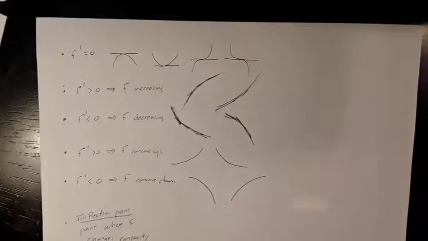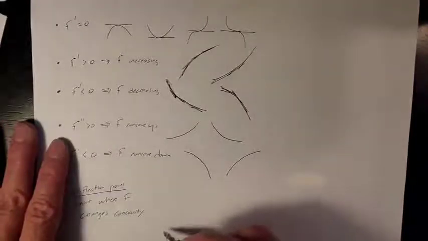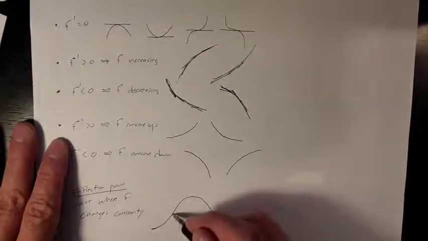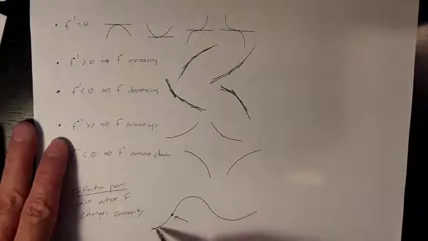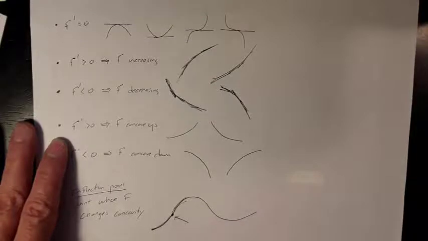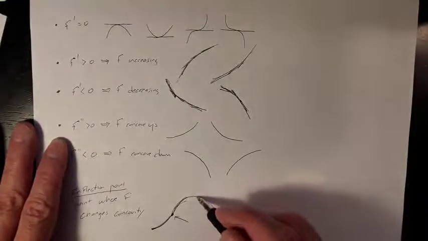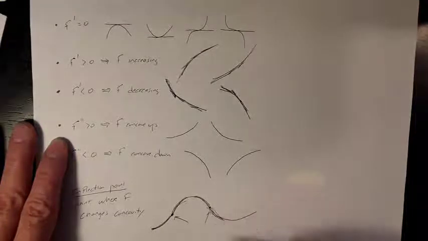For instance, look. See right here? This is an inflection point because to the left of it, we're concave up, and to the right of it, we're concave down. Another one right here. To the left of it, we're concave down, but to the right of it, we're concave up. These are called inflection points.